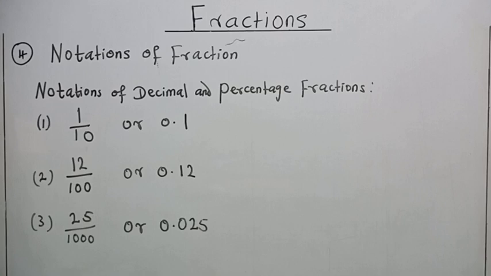Anyway, it is important that you learn that this was chosen just as a way of simplifying these expressions. To get to understand these things, watch this 1 over 10 and watch 0.1. This 1 alone appears here. This 12 alone appears here. 100 disappeared. 10 disappeared. Also, 25 alone appears here. This 1000 disappeared.